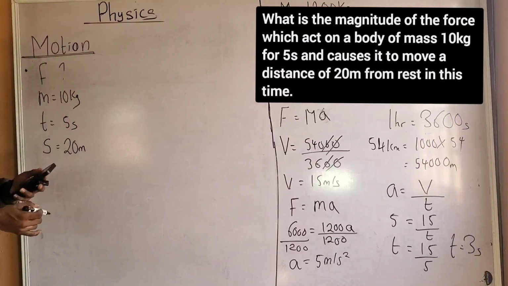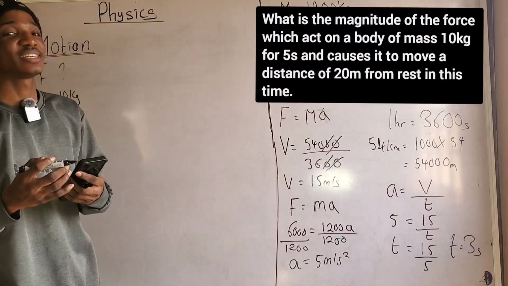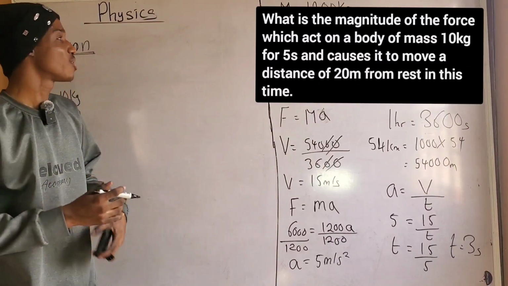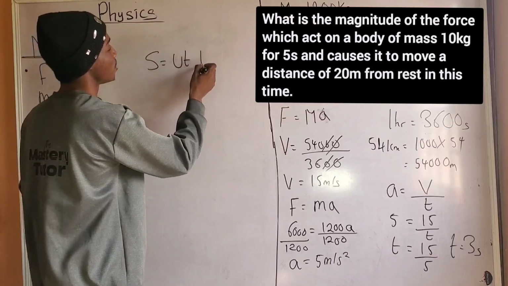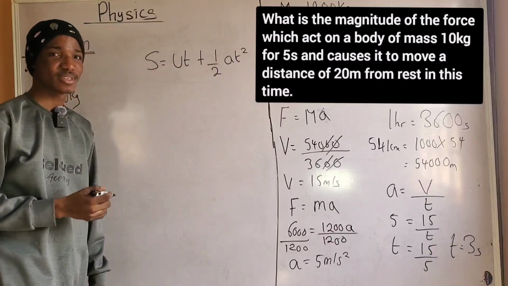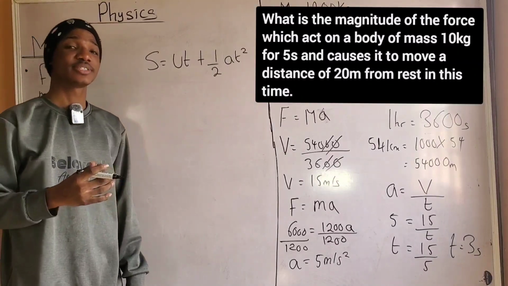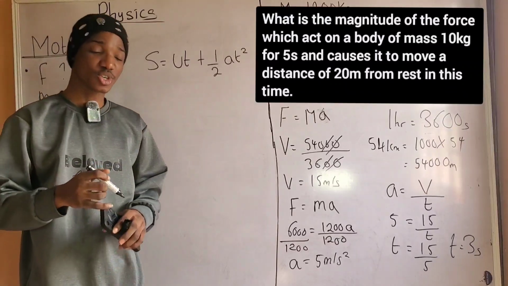Now, listen to me carefully. There is an equation for uniformly accelerated motion, and one of the equations is this: S equals ut plus 1 over 2 at squared. If you want to learn more on the equations of uniformly accelerated motion, you can check the link in the description of this video.